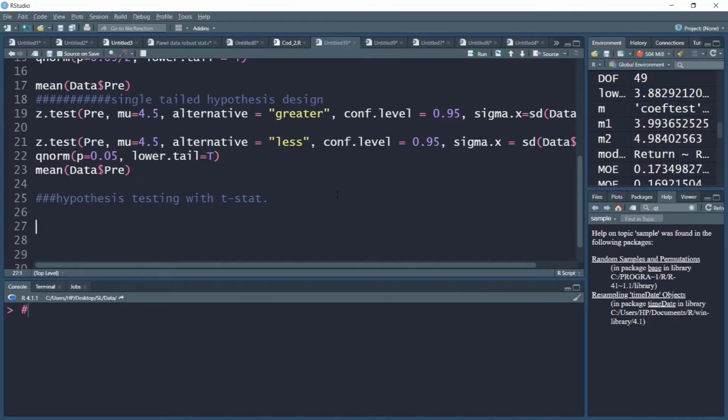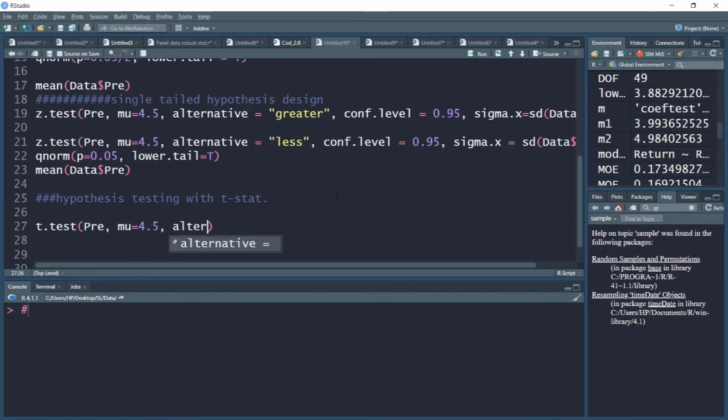So to start with, first we'll start with two-tailed test, and for that we'll design our t-test like this. We'll run the t-test command. We'll provide the argument pre-sample variable pre. We'll specify the mean as 4.5 because we are trying to test whether population mean is same as 4.5 or different than that.